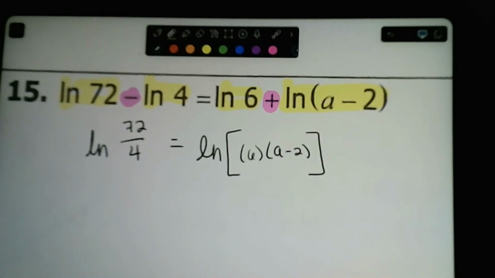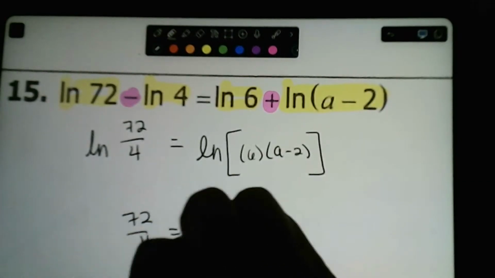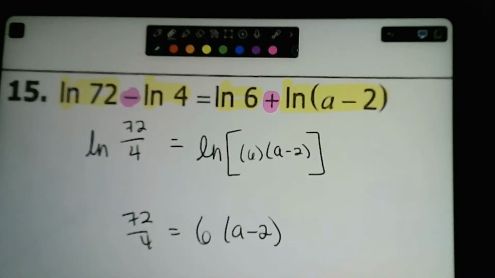The natural logs have a base of e, and while that is a letter, it's not a variable. It's just not a whole number, so it's easy to memorize. Okay? So we could say 72 over 4 equals the other side. Yep. And then that is a fairly simple equation to solve. All things considered, yes, there's a fraction in there.